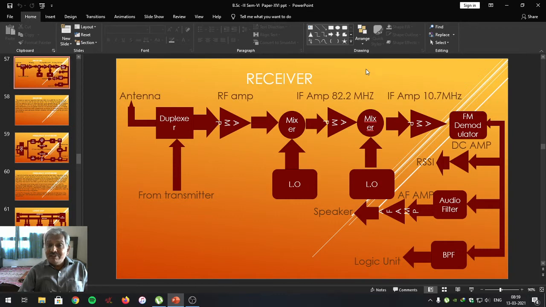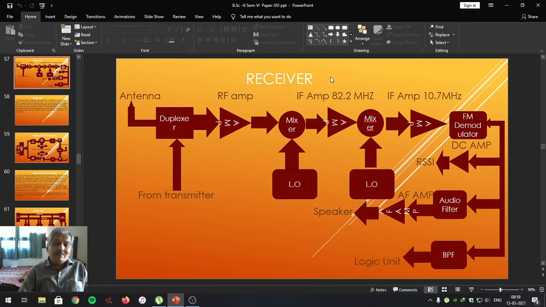That means in our cellular phone, receiver is connected to the receiving antenna through the duplexer, as well as it is connected to the frequency synthesizer and also the logic unit.